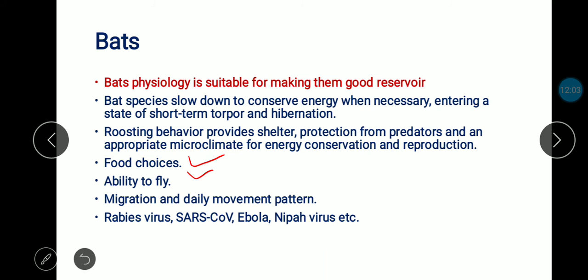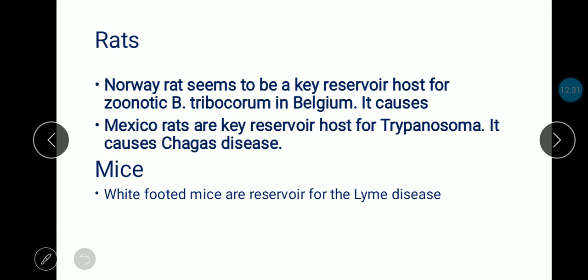They also have migration and daily movement patterns which are very suitable for their protection as well as survival. They carry many viruses like rabies virus, SARS-CoV, Ebola and Nipah virus. All these are present inside the bats, hence they are a good reservoir for pathogens and viruses.